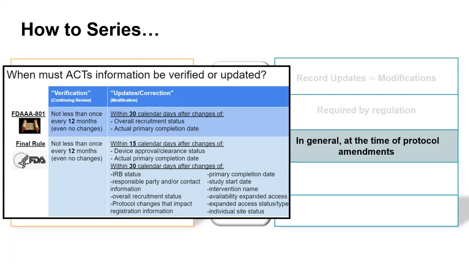The regulations require that some data elements be updated more rapidly, as summarized in the table here. For example, recruitment status, primary completion date, etc. I just wanted to remind you that once you finish recruiting, you would change the recruitment status to active, not recruiting.